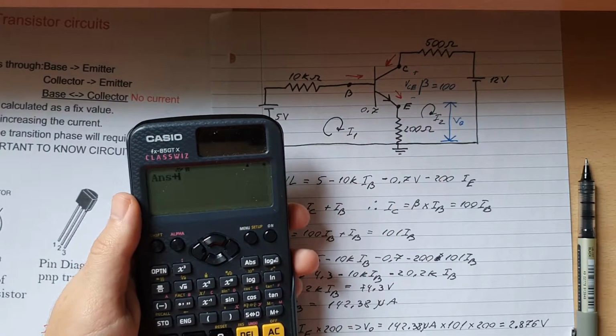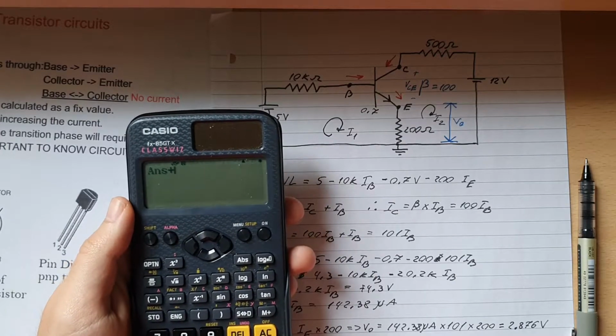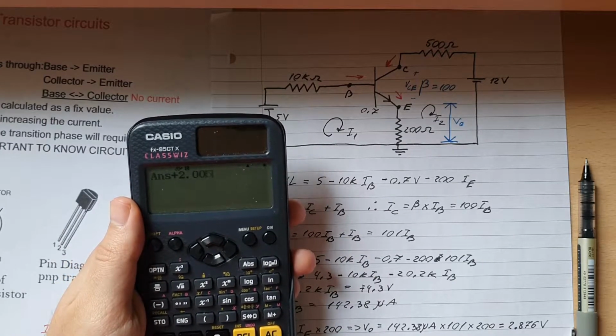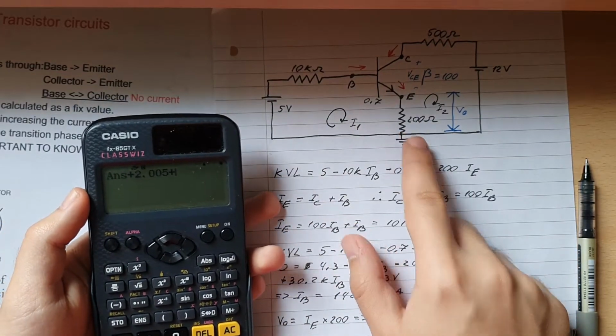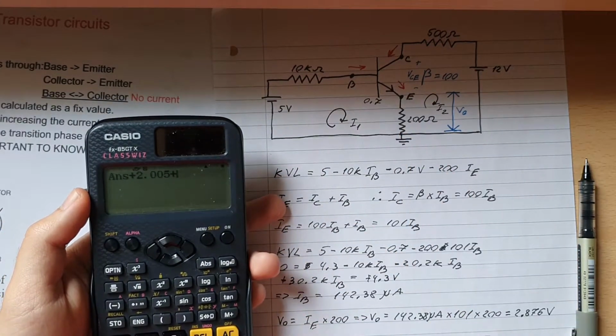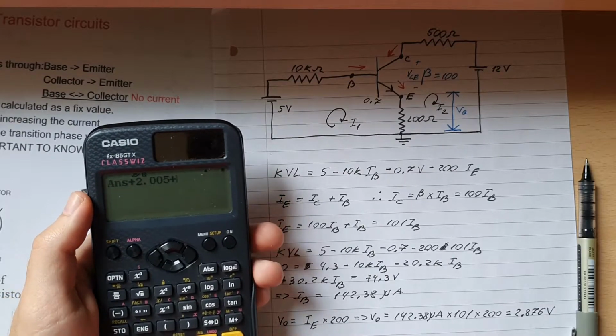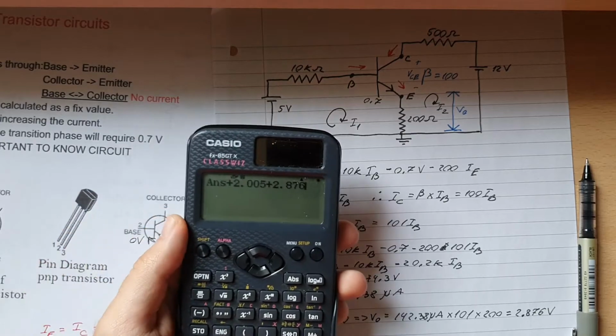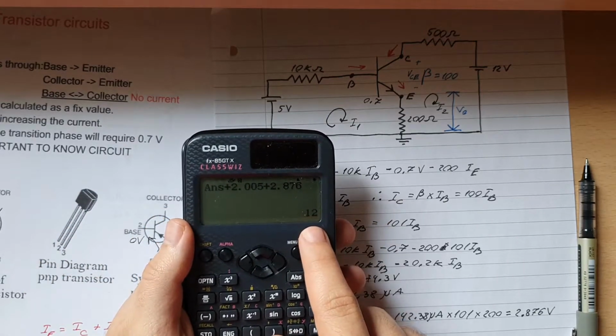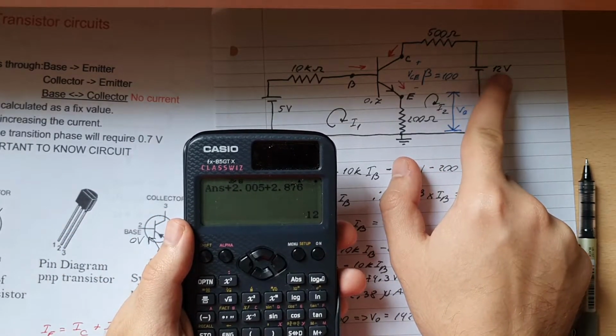Now if you add this one to the VCE, which is 2.005, and we also add the voltage drop here, 2.876, then we should get exactly 12 volts, the exact voltage right here.